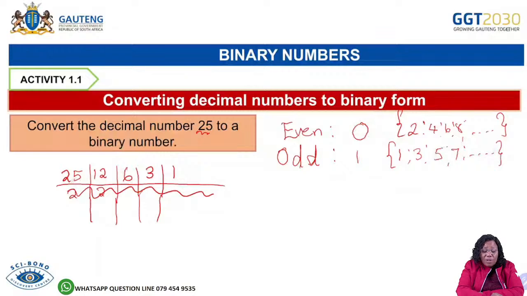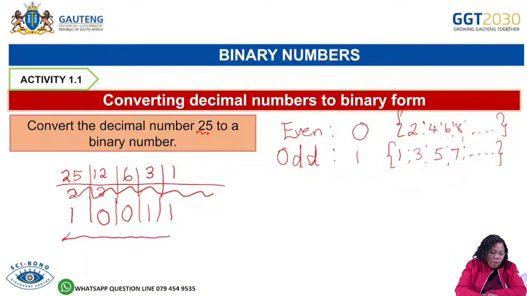So we are having 25. 25 is an odd number, then it will take a binary 1. 12 is an even number, takes a 0. 6 even, 0. 3 is an odd number, 1. 1 is an odd number, it will take a binary 1. And then now when you write this binary solution, you always start from right to left. So now your solution will go this way.